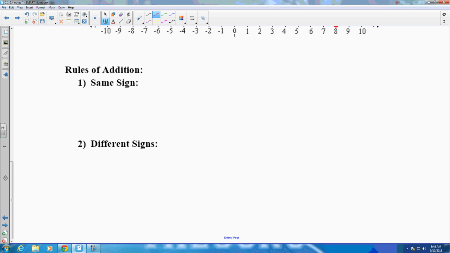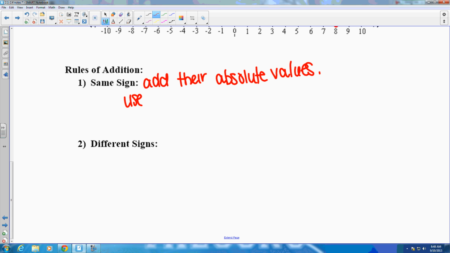Okay, we have rules of addition. When you're adding two numbers of the same sign, you need to add their absolute values, and then use the common sign.